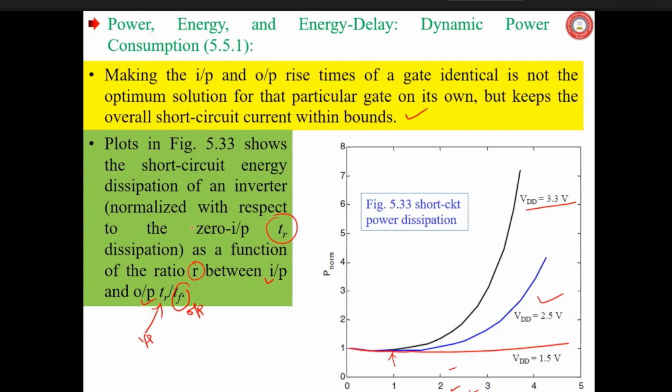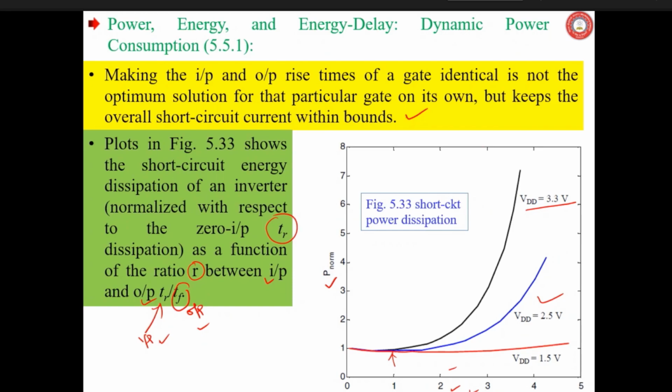This plot shows the short circuit energy distribution of inverter normalized with respect to the zero input rise time dissipation as a function of the ratio R between input and output, TR for the input and TF for the output. Normalized power for VDD 1.5 volt, 2.5 volt and 3.5 volt.